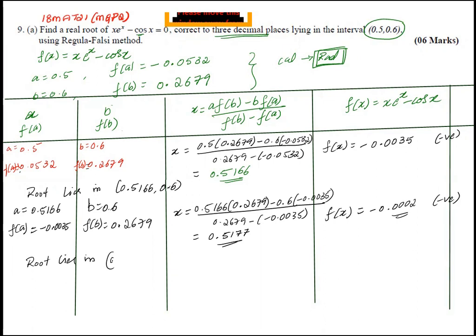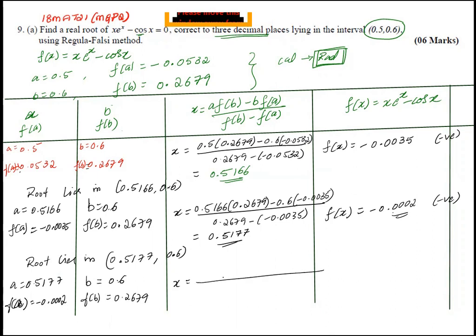the new value of a, that is 0.5177, and 0.6 same as b. A value is 0.5177, and f of a is negative 0.0002. Suppose it is positive, then you should change b and f of b. Now b is 0.6, f of b is 0.2679.